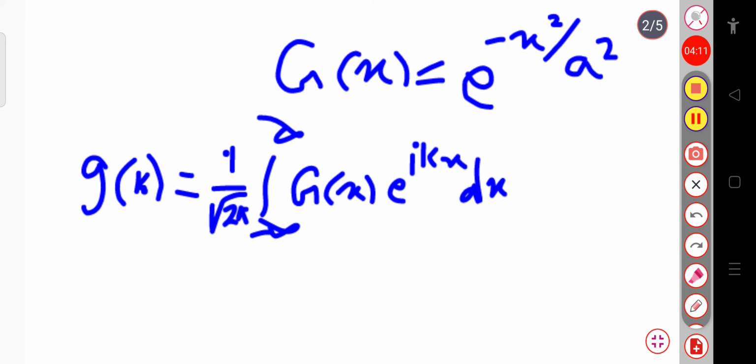Then here this g of x is equal to exponential minus x square by a square, that we want to transform.